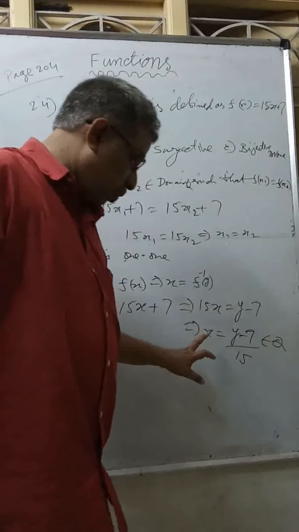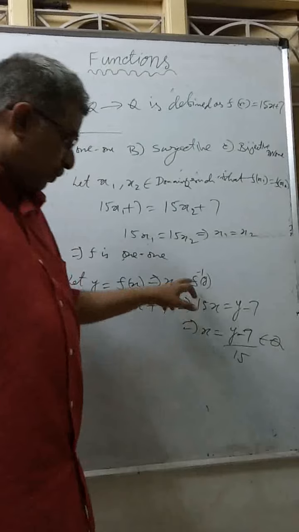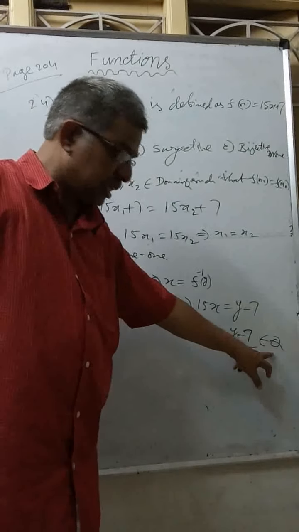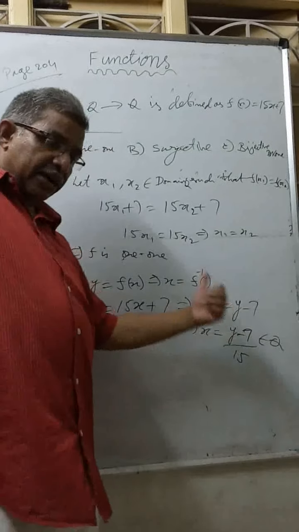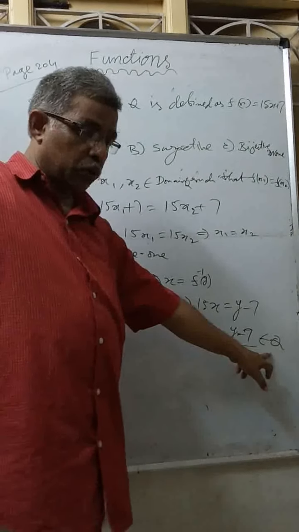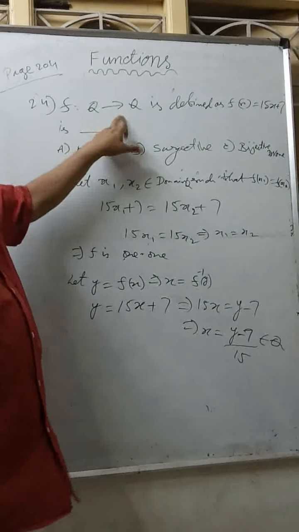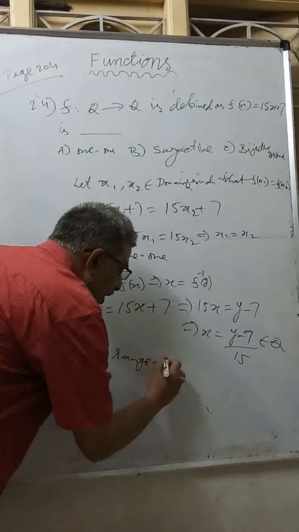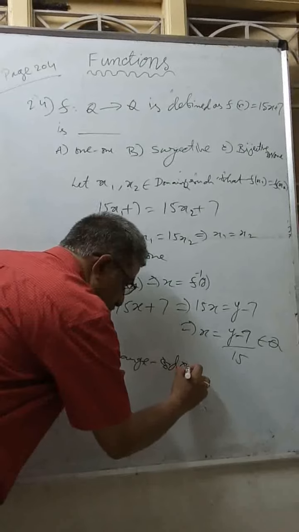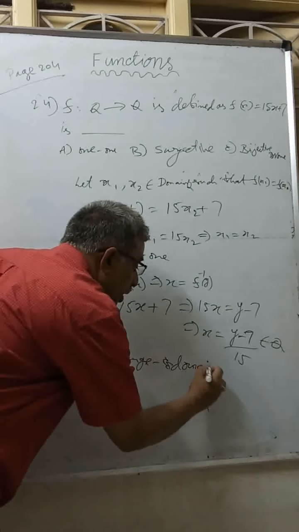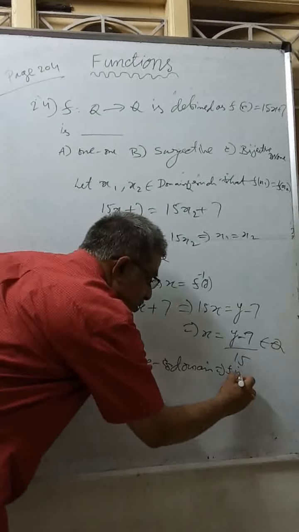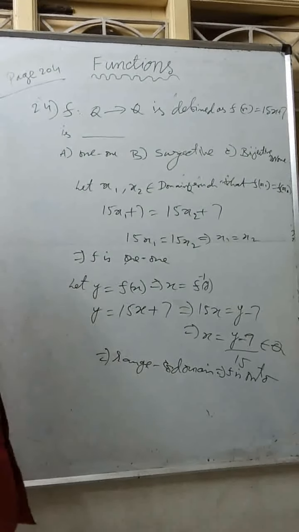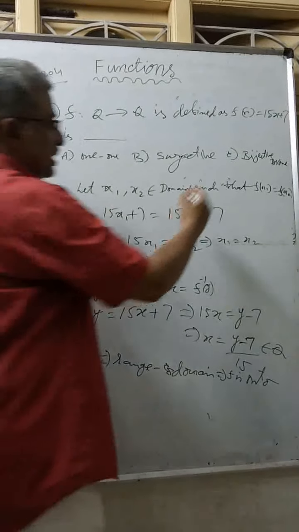So the domain of x, that is f inverse of y, the domain of the inverse function is Q, which means the range of the given function is Q. Range equals codomain, so f is onto. Therefore, it is both one-one and onto, which means f is bijective.